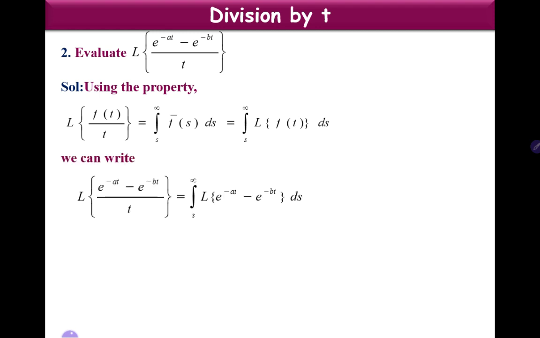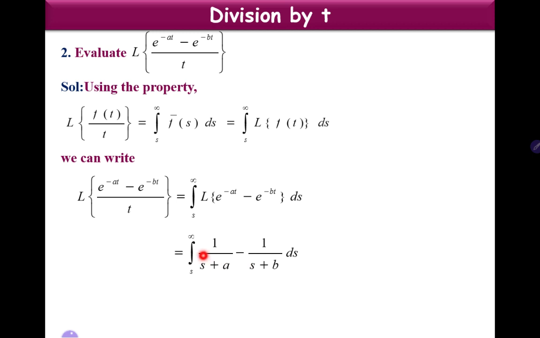Therefore, we can write L of e power minus at minus e power minus bt by t as integral s to infinity L of e power minus at minus L of e power minus bt ds. So, first we will evaluate L of e power minus at minus e power minus bt. We know that L of e power minus at is 1 by s plus a. Therefore, this is integral s to infinity 1 by s plus a minus L of e power minus bt, which is 1 by s plus b, ds.